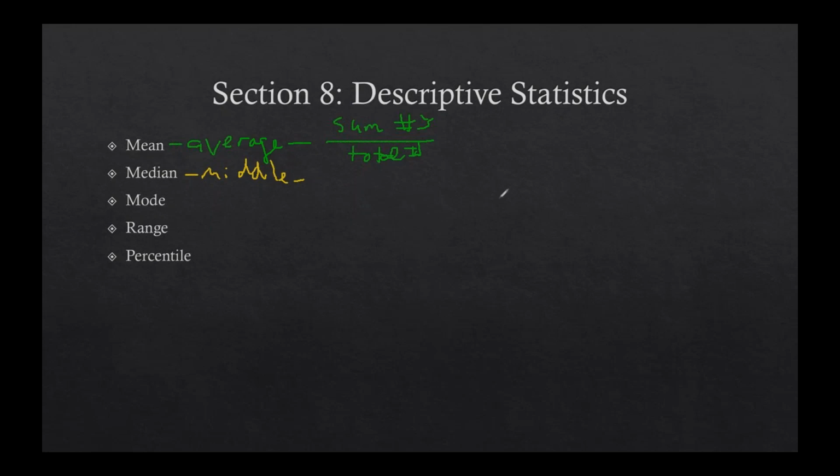Amber made a good point there: halfway between the largest and the smallest. So the key there is that your numbers have to be in order, least to greatest. Sometimes the numbers will be nice and already in order least to greatest for you, and sometimes they're not. So you do have to pay attention. The details do matter. Okay, good.